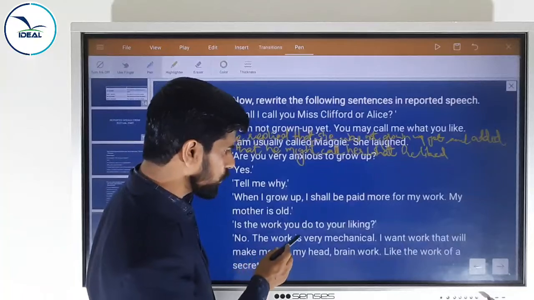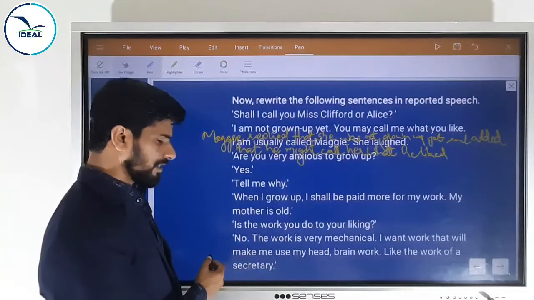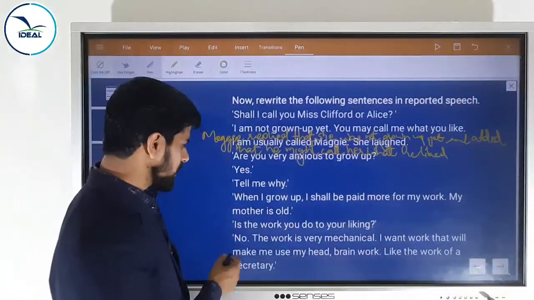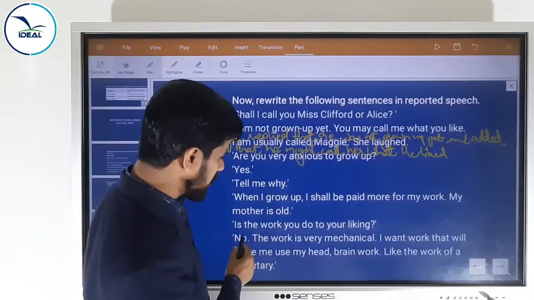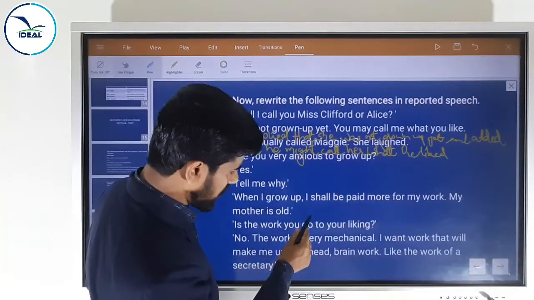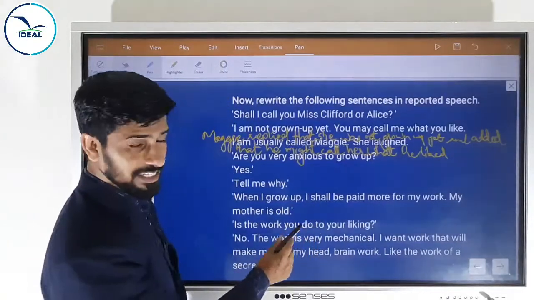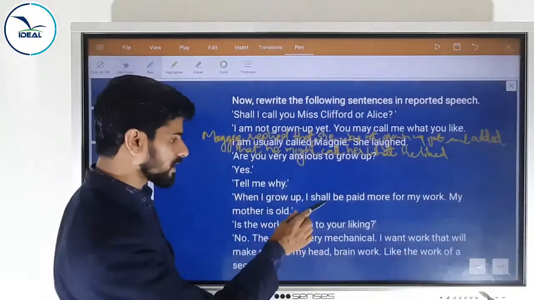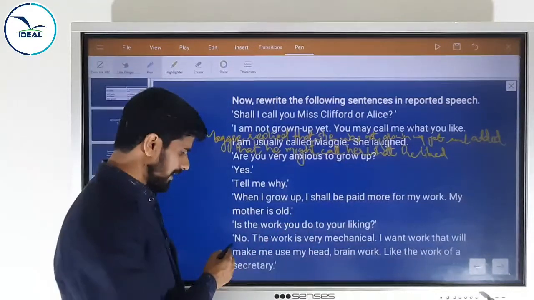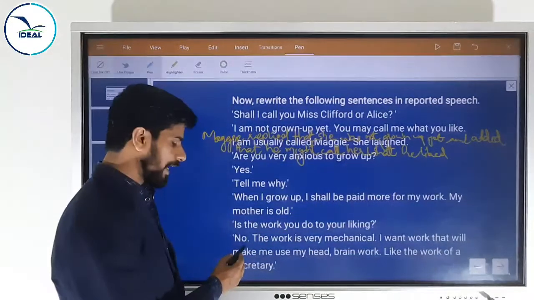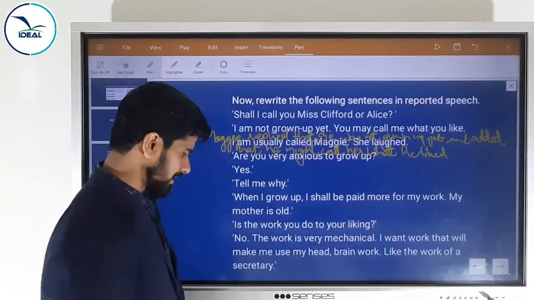Is the work you do to your liking? Gupta again asked if the work she did was to her liking. She answered in the negative. She answered negatively or she denied.